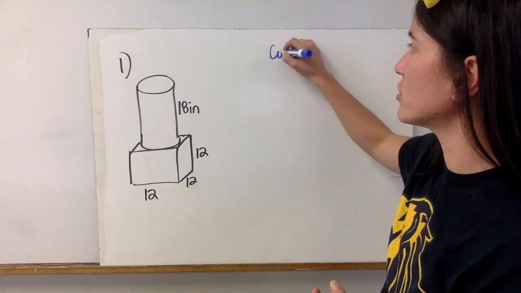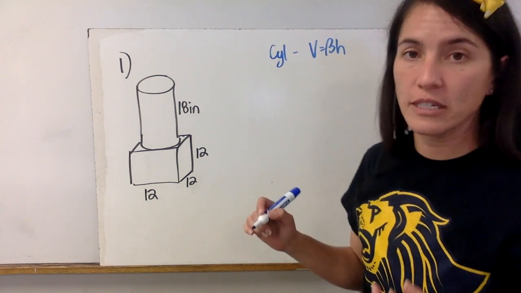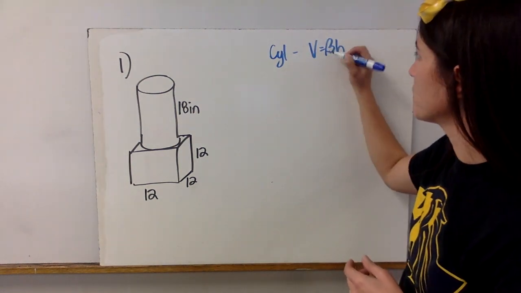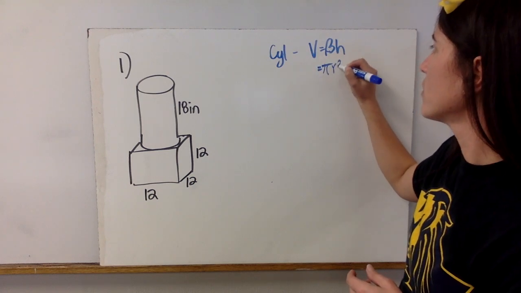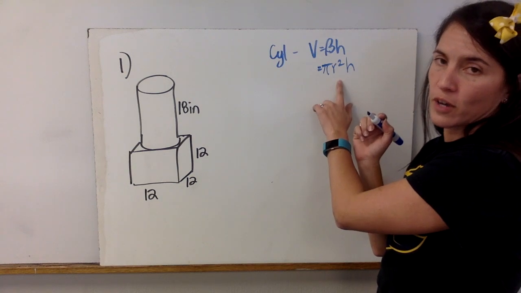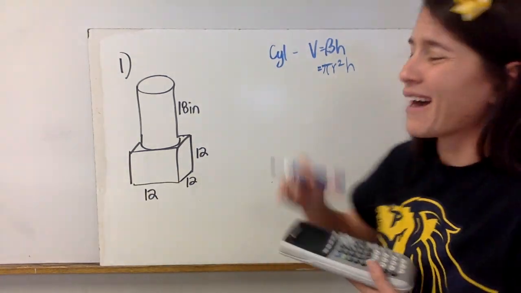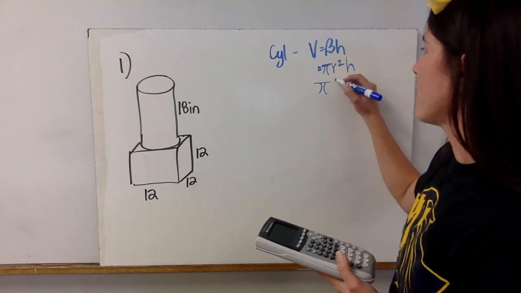So we'll take the cylinder and find its volume. I'm starting with capital BH. And I know the base area is a circle, so that's where I get my pi r squared from. For these purposes, I'm just going to use pi. And then the radius.